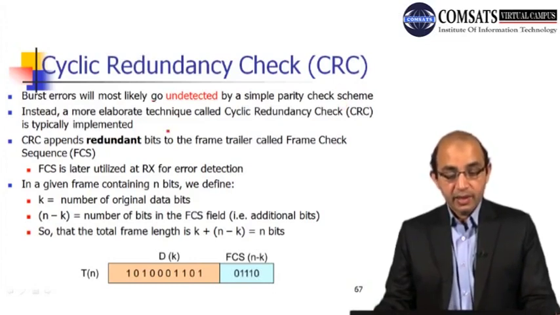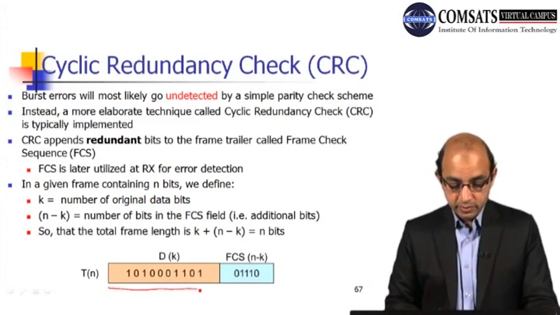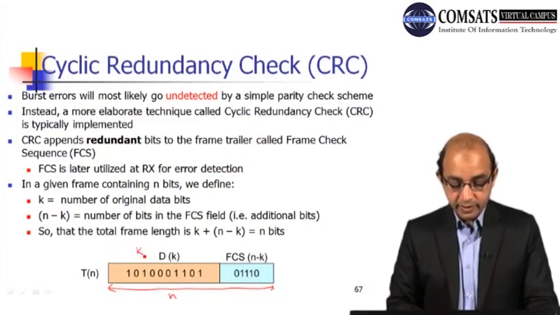For example, an elaborate technique called CRC has to be implemented, adding redundant bits to the frame, called the frame check sequence, at our receiver side in order to detect errors, right? So k is the number of original data bits, and n minus k is the number of redundant bits. Here you can see this is the data, and the total is n. Let me mention over here, n, and this is k, the actual data.